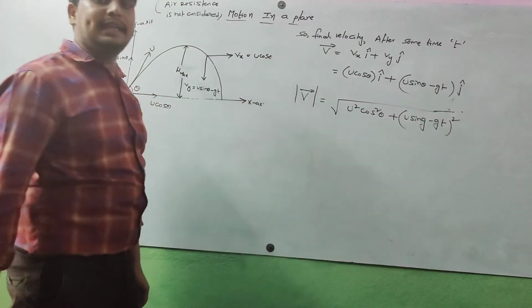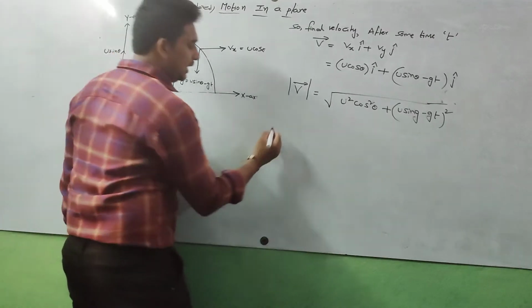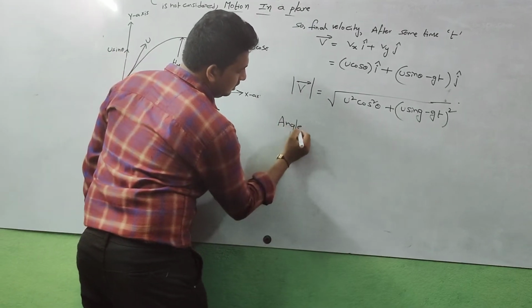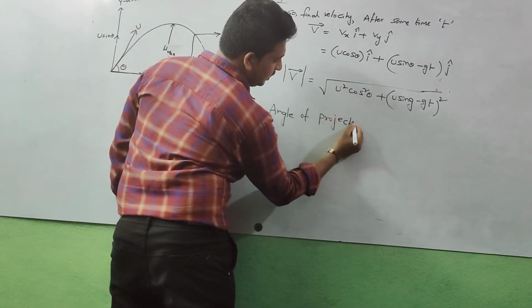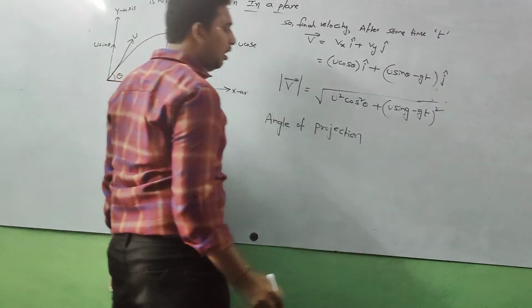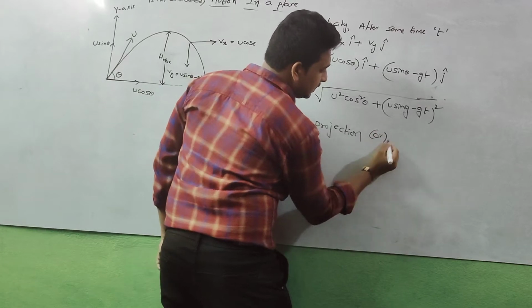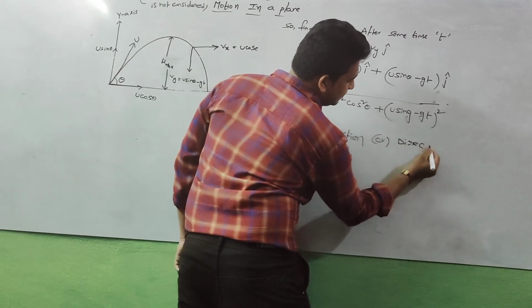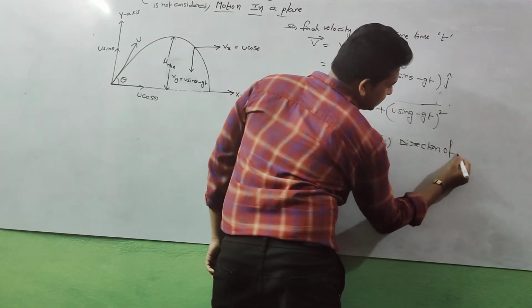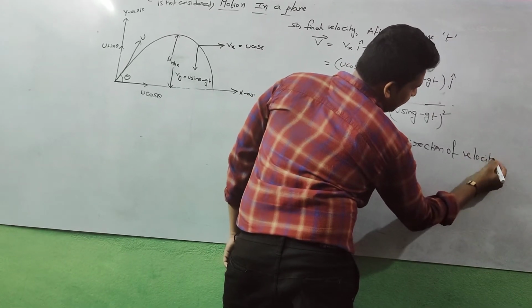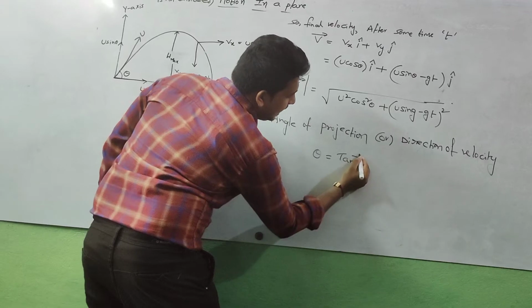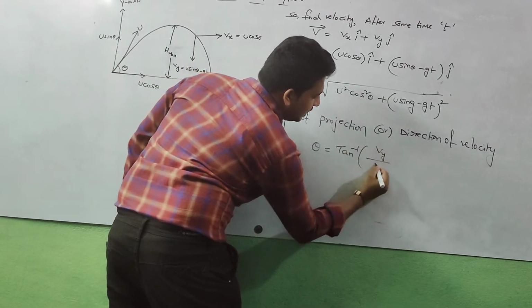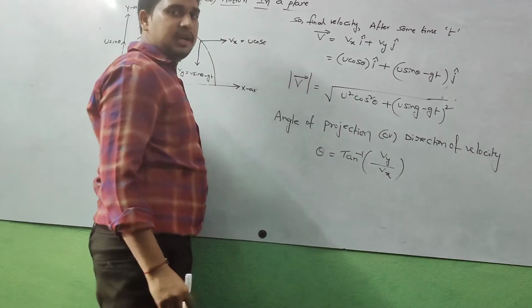Next, angle of projection or direction of velocity. Theta is equal to tan inverse of vy by vx.